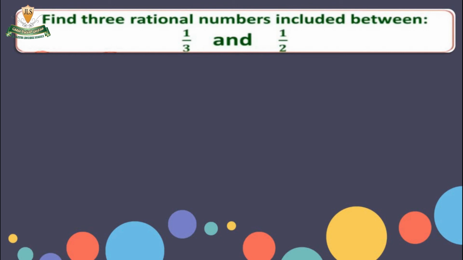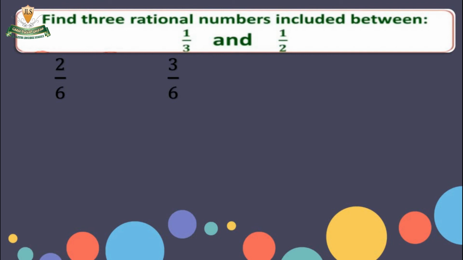Okay, at first you should multiply the two denominators by each other. So 3 multiplied by 2 gives me 6, and I will put the 6 in the two denominators.